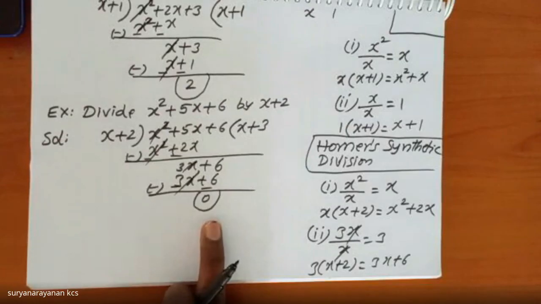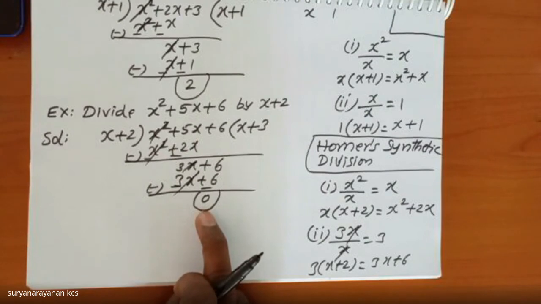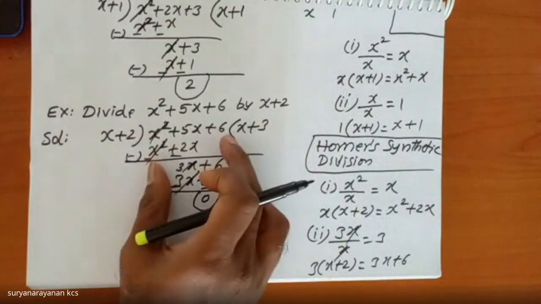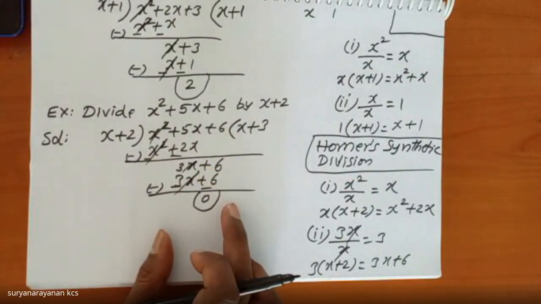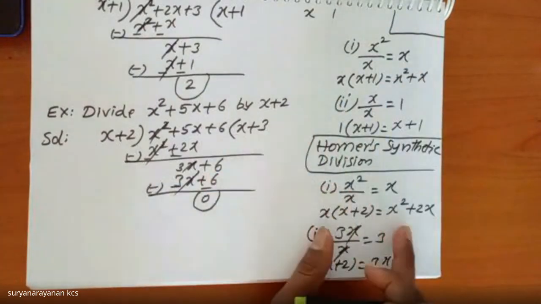Have you understood this example? In the previous example, we got remainder 2. In this example, we got remainder 0. But if you observe, this is a somewhat lengthy process, not difficult, but lengthy.